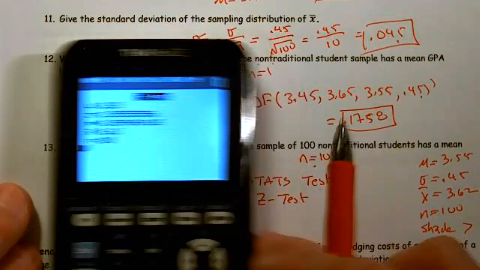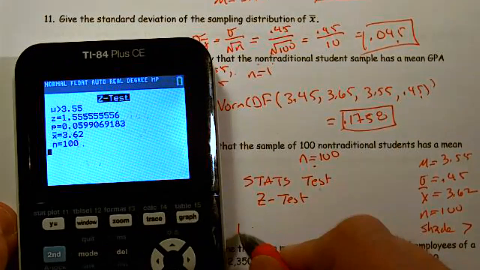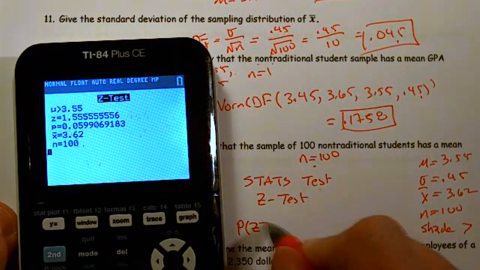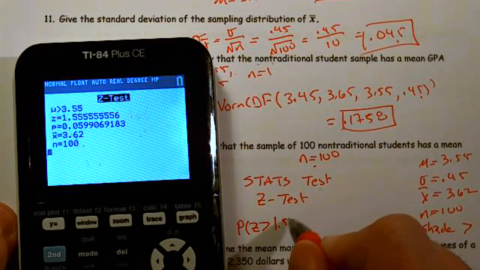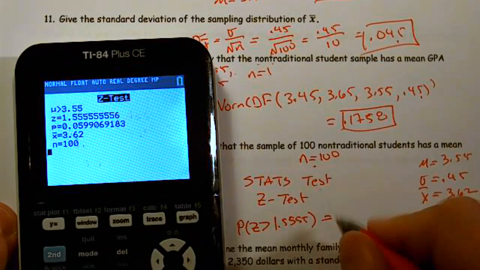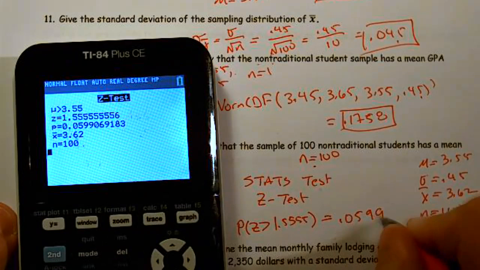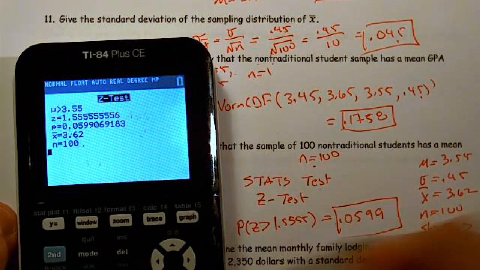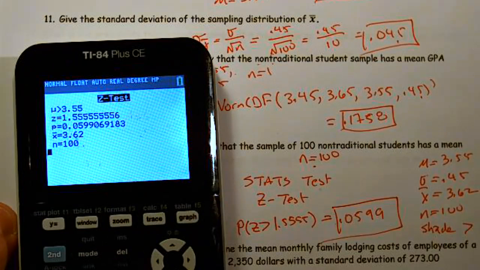When I do that, I get the probability that z is greater than 1.555, which equals 0.0599. What I just boxed is what needs to go into the Google form.